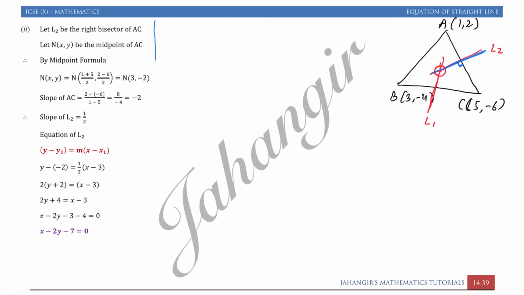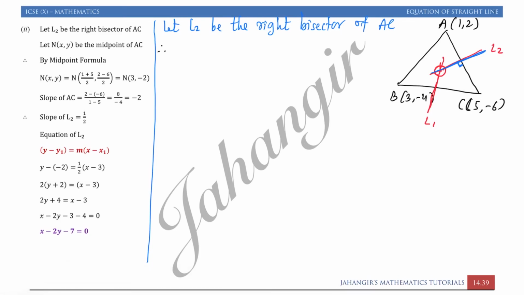So I will say let L2 be the right bisector of AC.